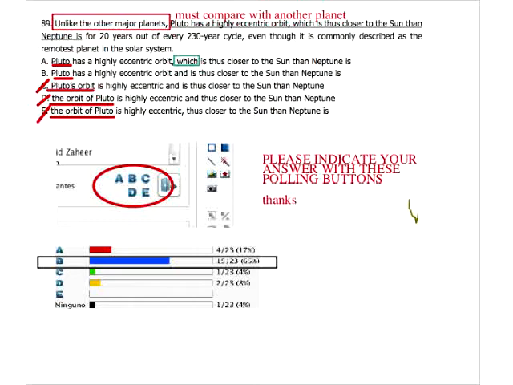But the intended meaning of which is to talk about the planet itself, because which is closer to the sun should be talking about Pluto itself, because closer to the sun than Neptune is. So this should modify Pluto, because we're talking about closer to the sun than another planet is.